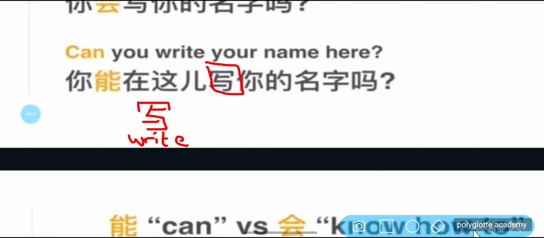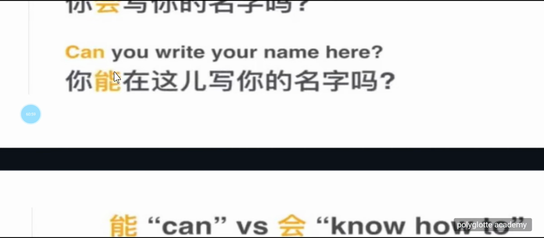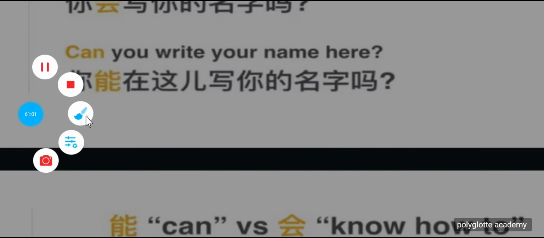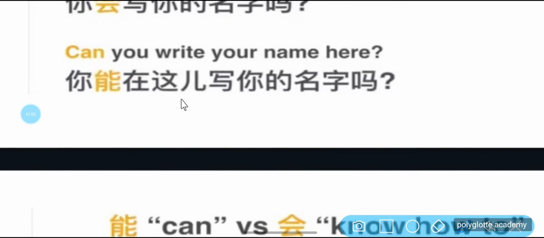So we have the next character. The next character here is 你的, which is your.